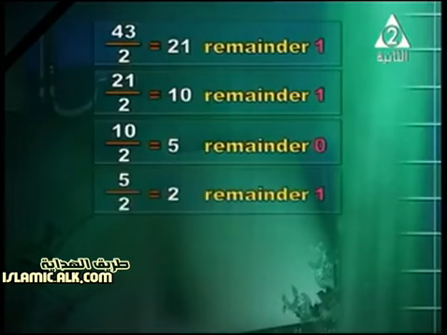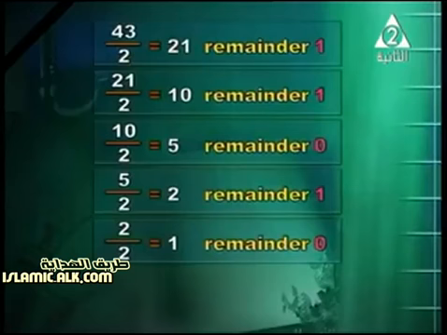And 5 divided by 2 will give 2. 2 times 2 is equal to 4. 5 minus 4, we've got a remainder of 1. 2 divided by 2 will be 1, remainder is 0.